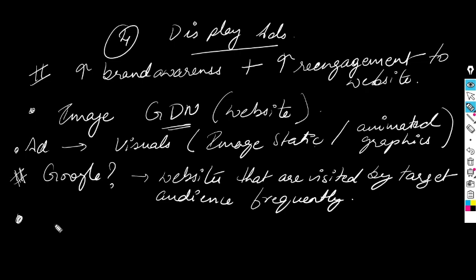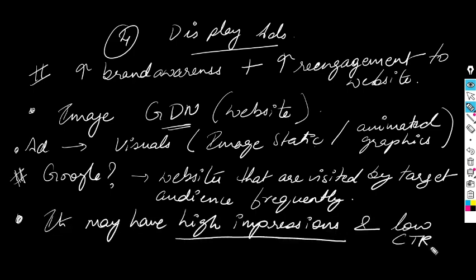What is impression? We have discussed earlier also. I'm going to put the link here. Because it is going to be displayed again and again, it will have high impression and can have a low click-through rate. So when it comes to analyzing the success of this advertisement, it may become a bit difficult.